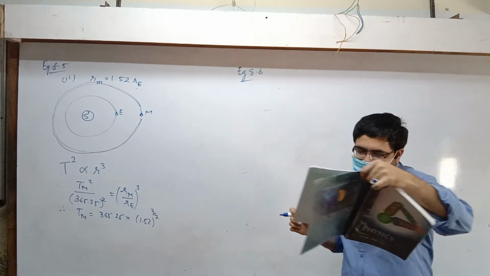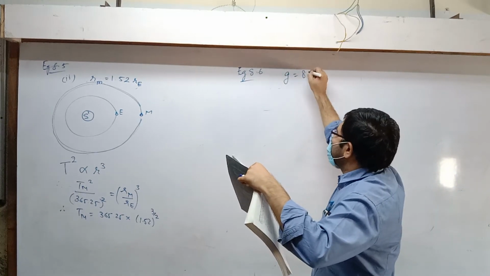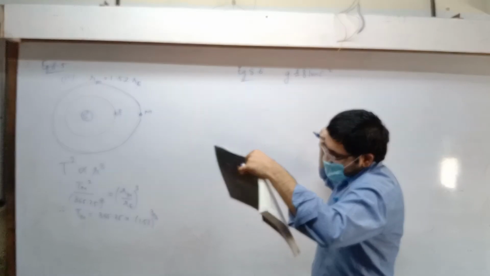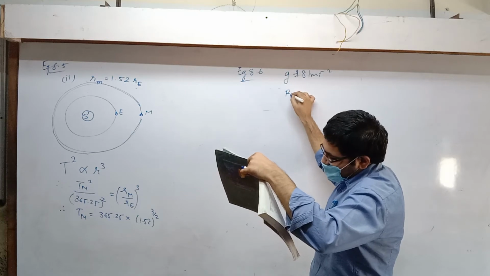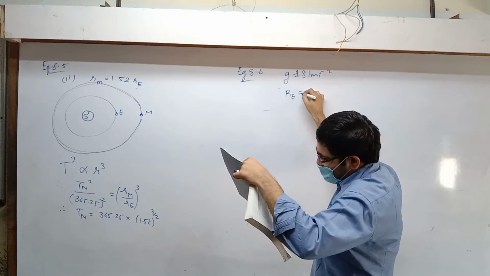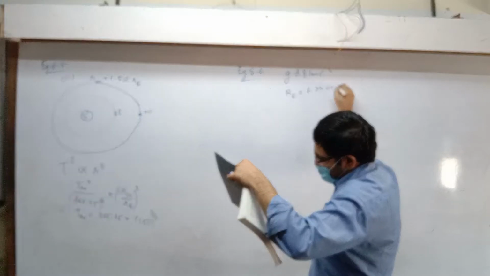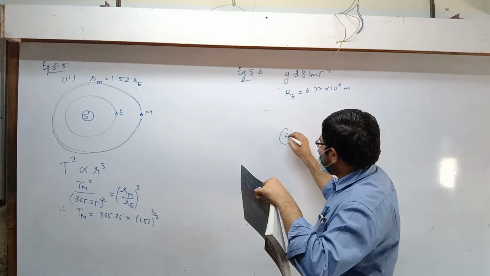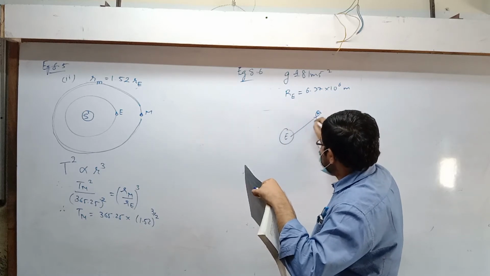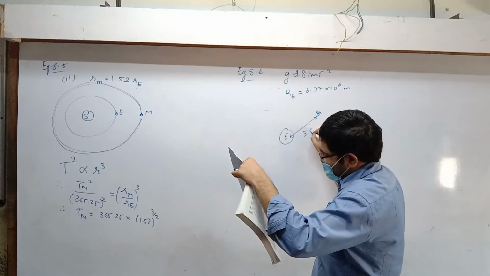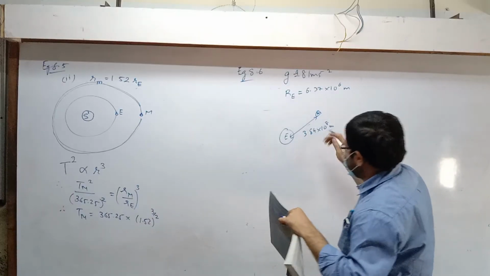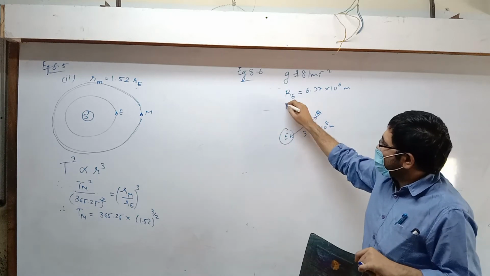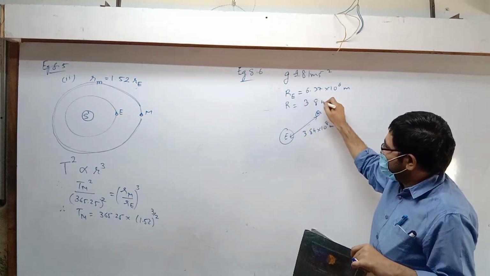So it says g is 9.81 meter per second squared. RE, that is the radius of Earth, is 6.37 into 10 raised to 6 meter. The distance of the Moon from Earth is given to be 3.84 into 10 raised to 8 meter, which is written as R in this question.